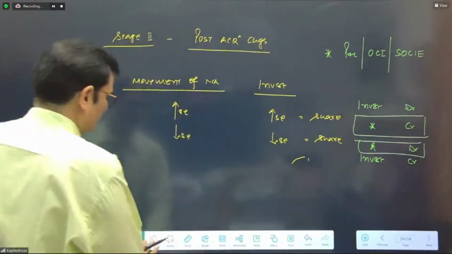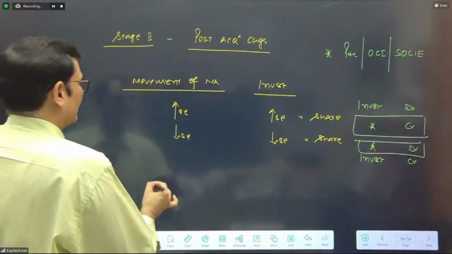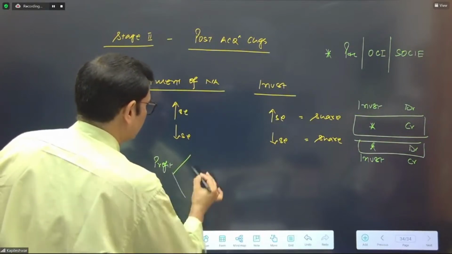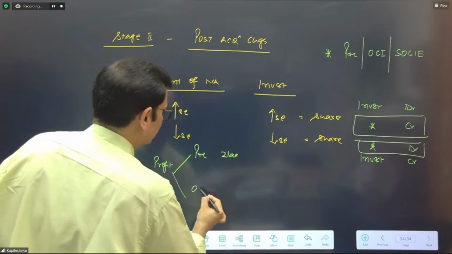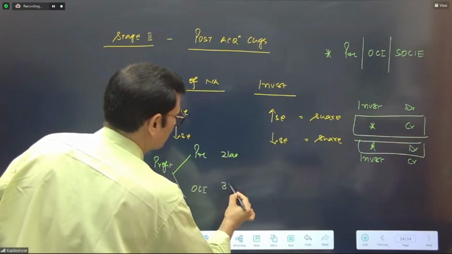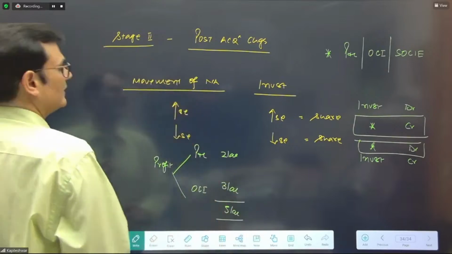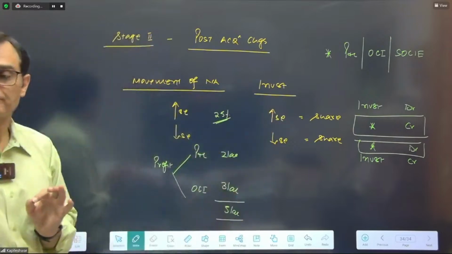Let's consider that the associate company earned a profit. In the profit and loss section, they got a profit of 2 lakhs, and in the OCI section, they got a profit of 3 lakhs, and the total profit is 5 lakhs. Let's consider that we've got a 25% share in the associate.